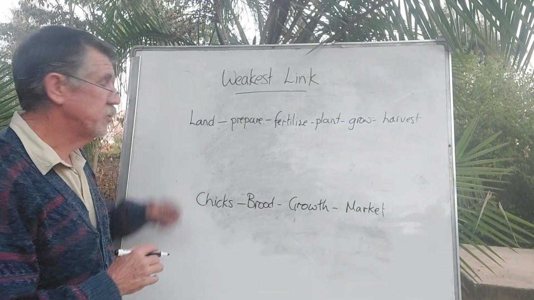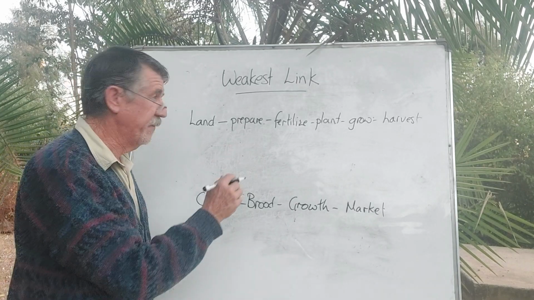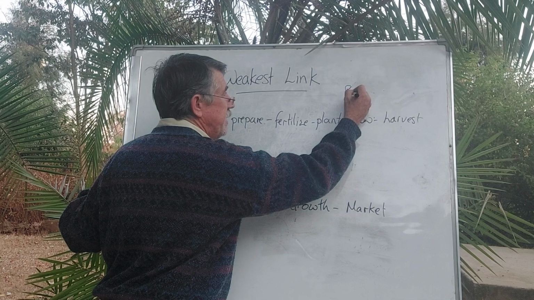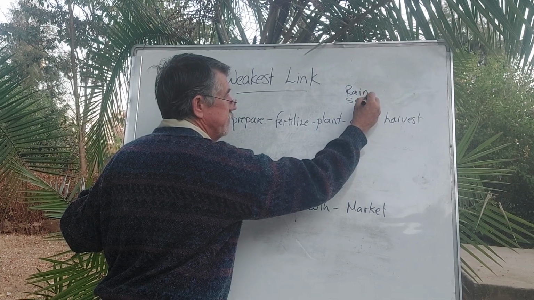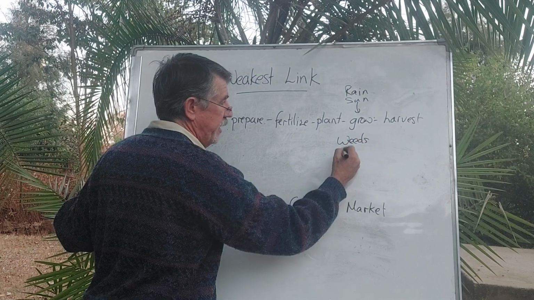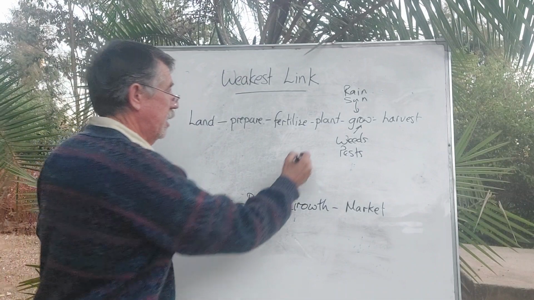Now, for each of these, we can think, well, what are the inputs, what are the factors that affect these things? So for growing, we need rain, we need sun, weeds might be a problem, pests, okay, that can all affect things there.